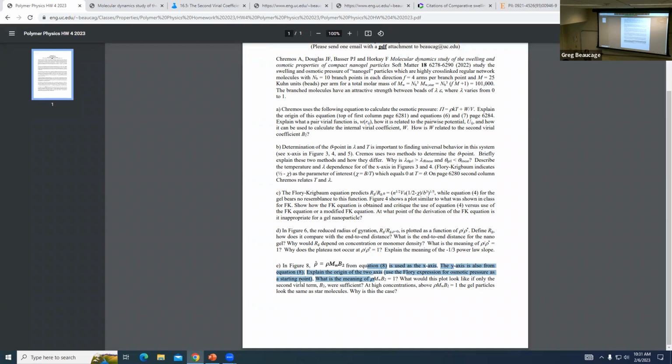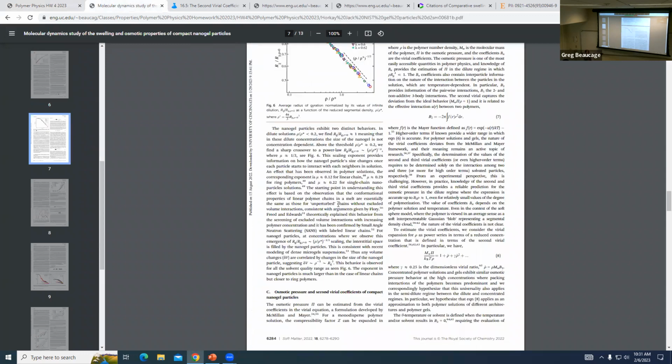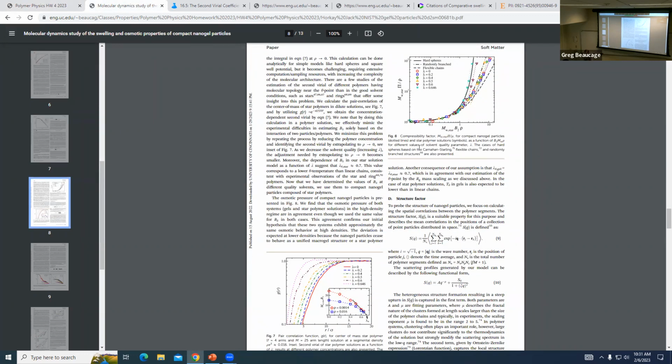And if it was just B2, so this is figure 8, if it didn't include the third virial coefficient, then this would be a straight line. This is a log-log plot, right? That would be the dashed line, if it has just B2, flexible chain. Because it's branched, you need the third virial. So it matches up pretty well with the branched one.